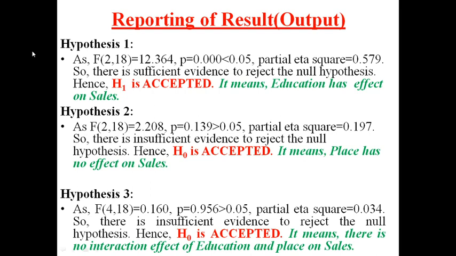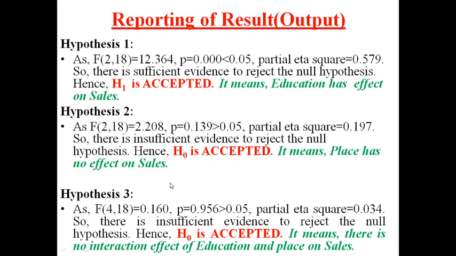So here you can see the F value at 2 and 18 degrees of freedom is 2.208. P is 0.139, which is greater than 0.05, and partial eta square is equal to 0.197. So there is insufficient evidence to reject the null hypothesis. Hence H1 is accepted. It means place has no effect on sales.